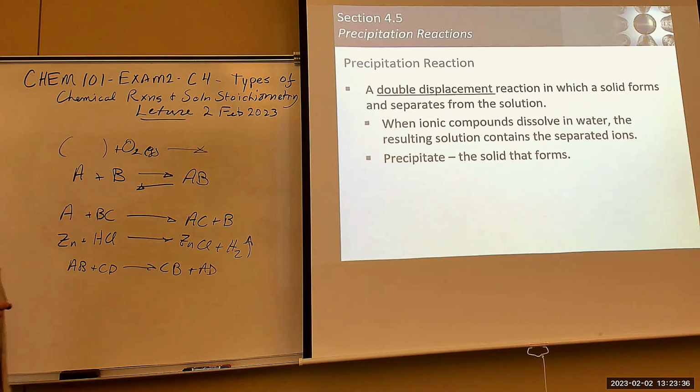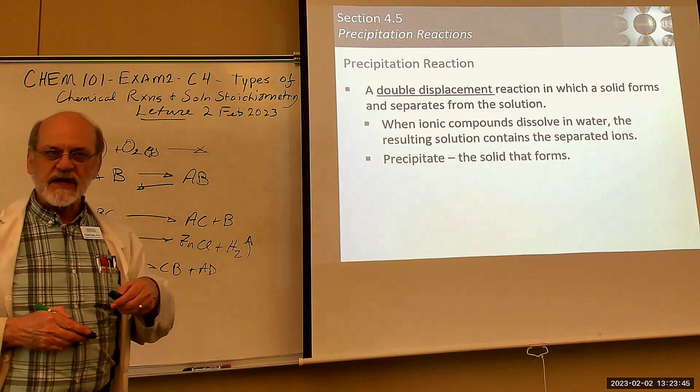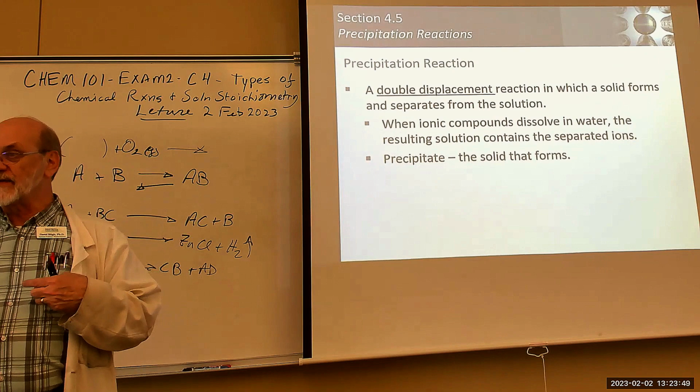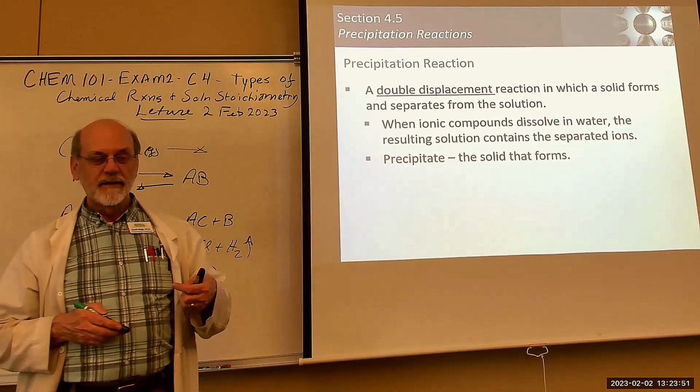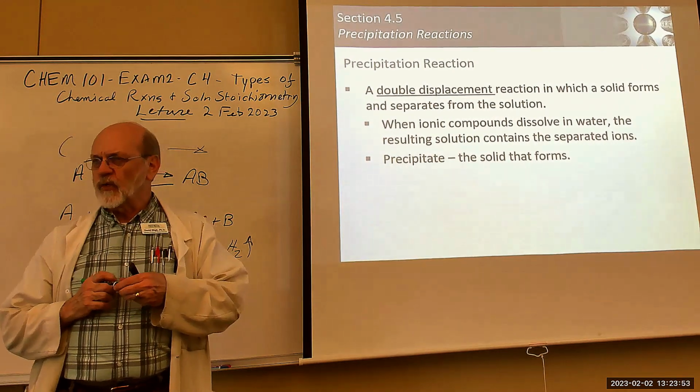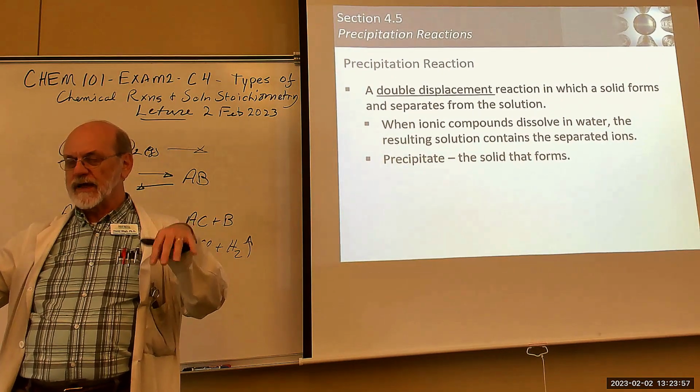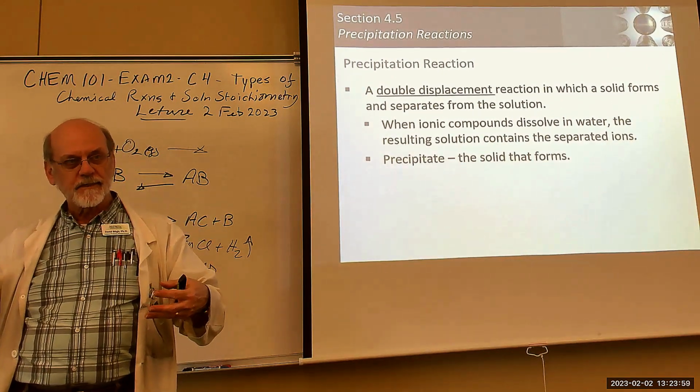All right. So a double displacement, we talked about that. The presence of a precipitate from a double replacement reaction is what we would consider the driving force for the reaction. Consider what you've got before the reaction: two separate solutions with their ionic compounds in solution.